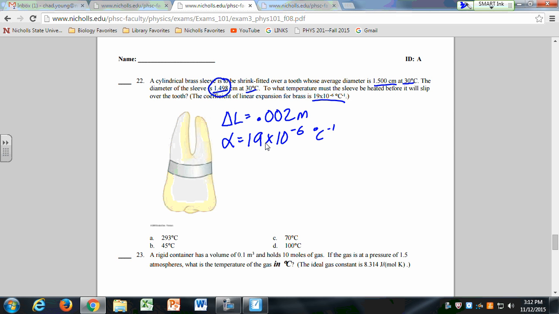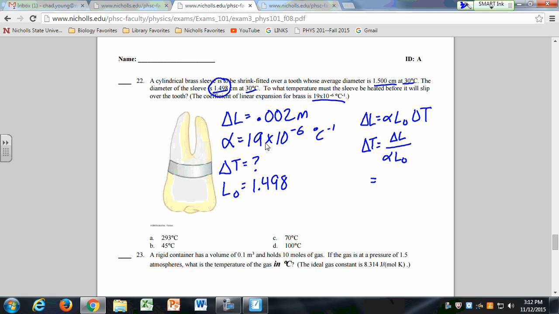Degrees Celsius minus 1. I want to know what is my delta T. And L naught is that 1.498. So now I say delta L equals alpha L naught delta T. And I solve for delta T, which is delta L over alpha L naught.